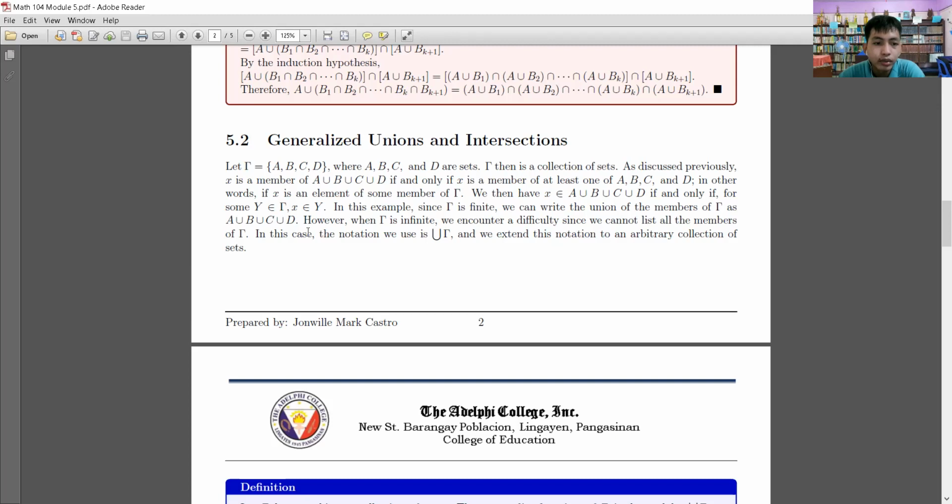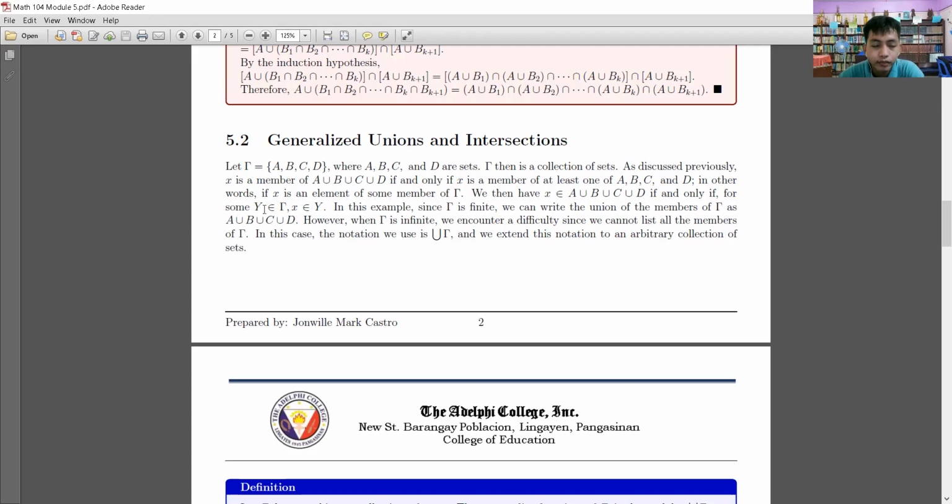So previously, we said that X is a member of A union B union C union D if and only if X is a member of at least one of these four. So in other words, if X is an element of some member of tau. Okay? So we can write it as X is in A union B union C union D if and only if for some Y in tau, X is in Y.